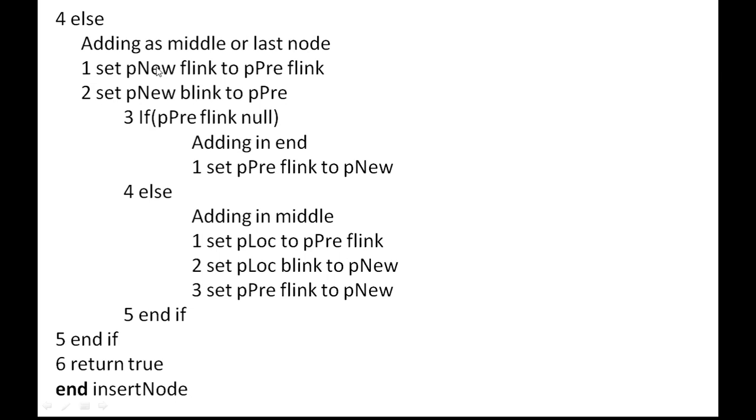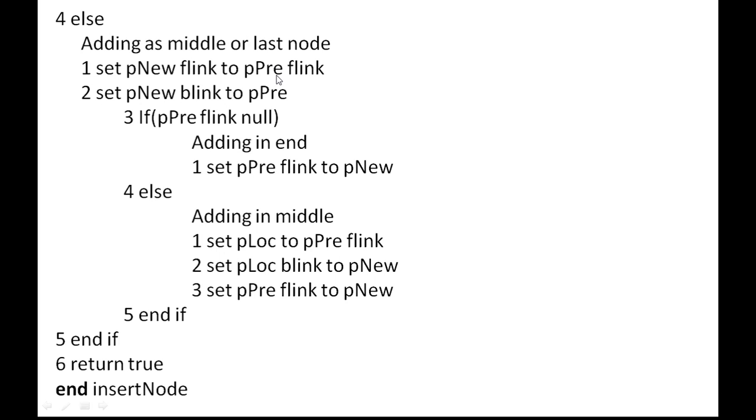So we do these steps before entering into either middle or last logic. Set pnew forward link to p3 forward link. So which means what? The new node's forward link is copied with the p3 node's forward link.